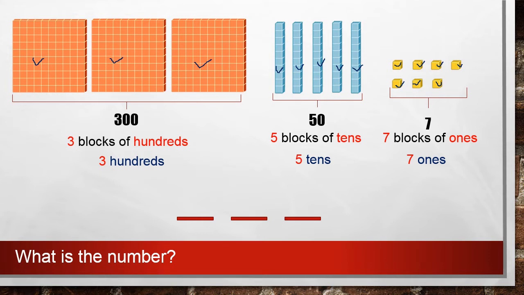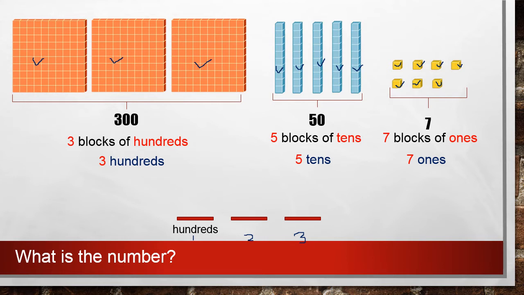So, how to write the number? We know that the number must have 3 digits. 1, 2, 3. The number has 3 places. The first digit represents hundreds.